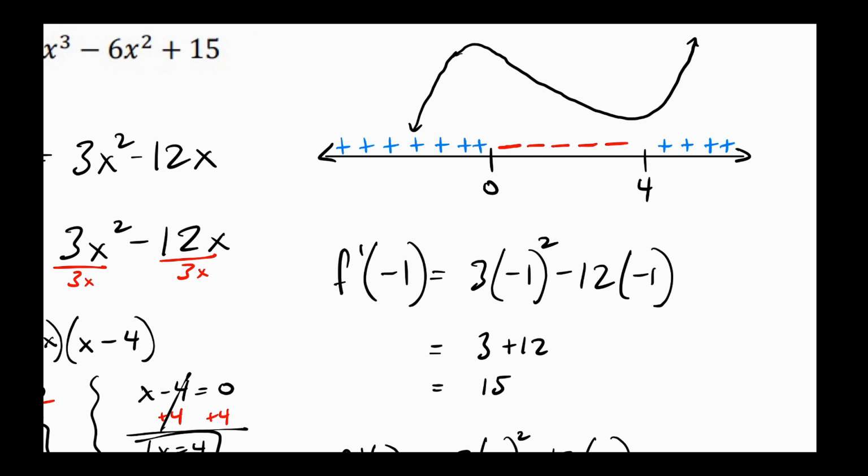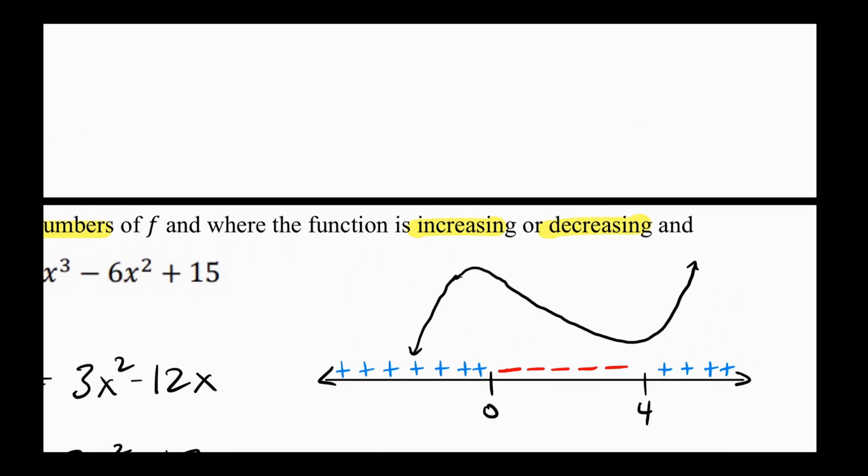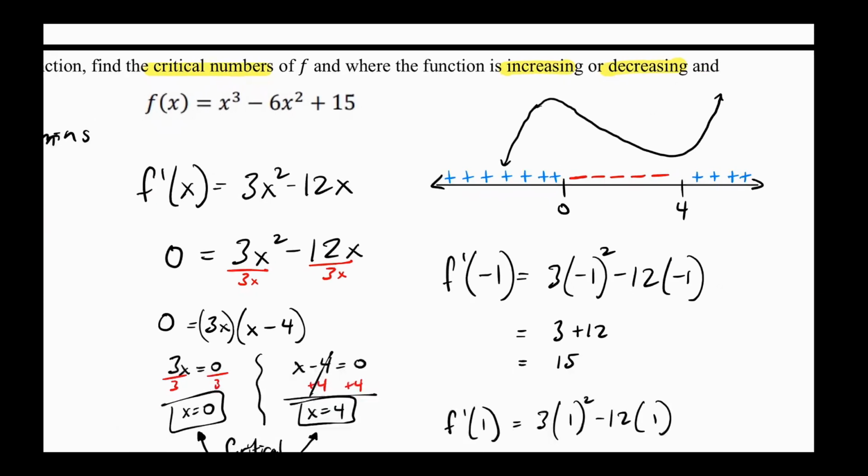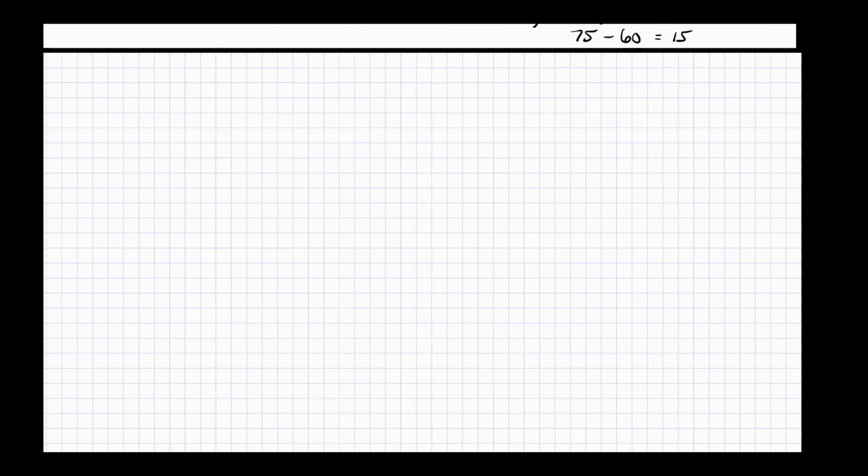Okay, that's one of the things I wanted me to do in the question, right? They said, where is it increasing and decreasing? So I'm going to need you to write intervals. Okay, so let me write some intervals here. Increasing, decreasing, okay.